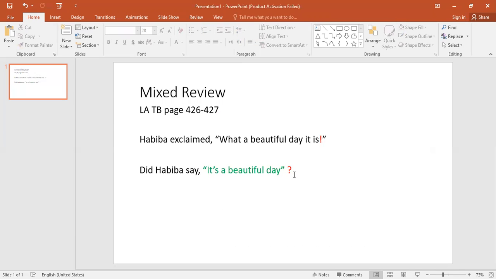And then we put the question mark, because it's part of my question. Do you understand? We'll do more examples together. When I ask whether someone said something, or I'm talking about the other speech, I put the end mark outside, not inside. That's right.